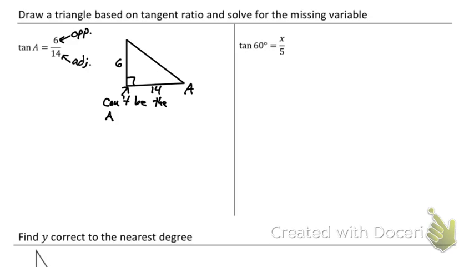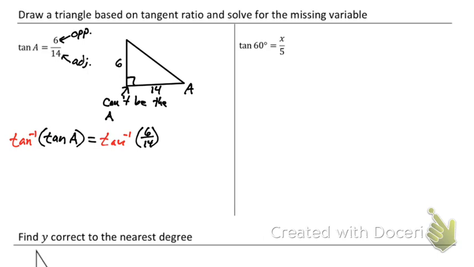So I'm going to go tan inverse of both sides. I'm going to take the tan inverse of the left-hand side, which is tangent of A, is going to equal the tan inverse of the right-hand side, which is that 6 over 14. That is how we can actually get A by itself.